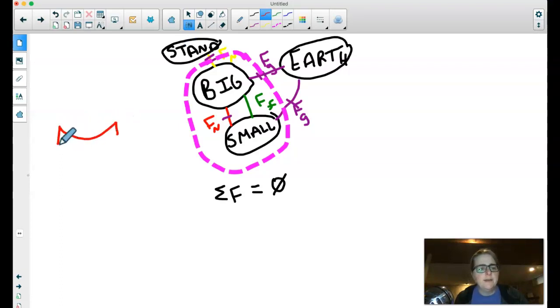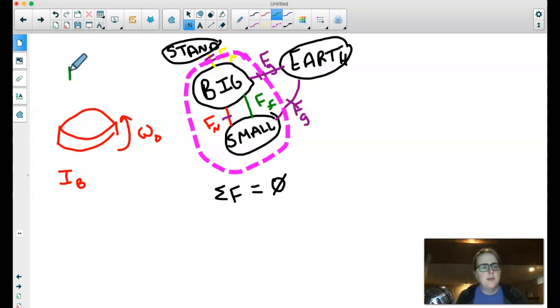So then if I do my initial sketch, I've got my big disk. Not a real pretty drawing there, but that's all right. I'm going to do a little I with a subscript B to indicate that big disk's rotational inertia. And then I'm going to do this to indicate the initial velocity. And then I've got my smaller disk. This is the black one that they dropped on there.